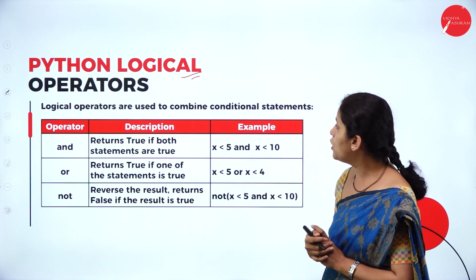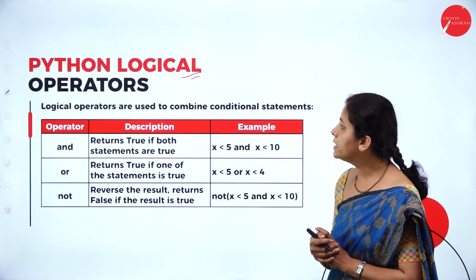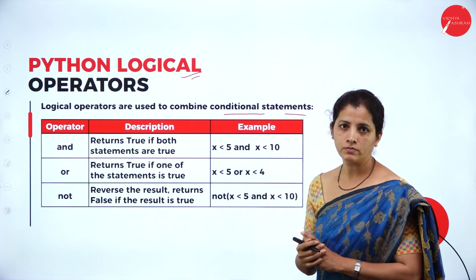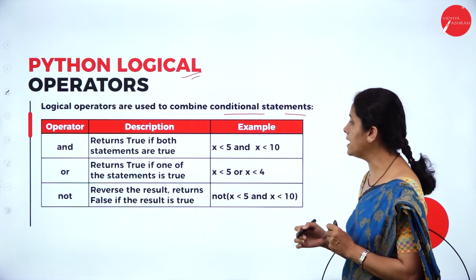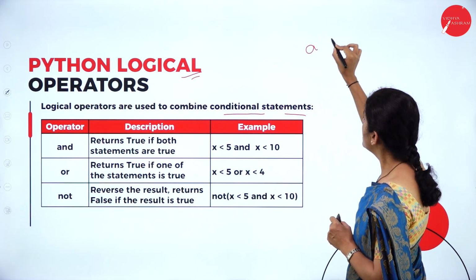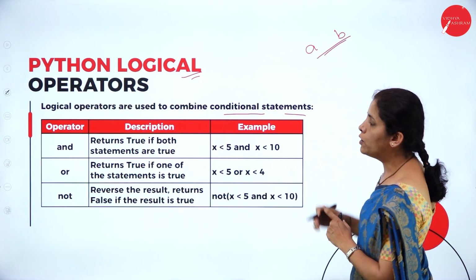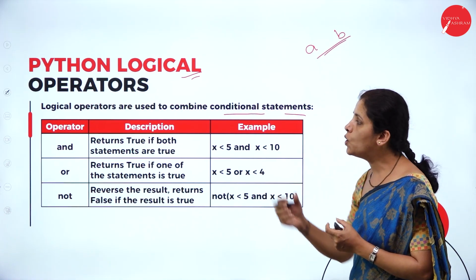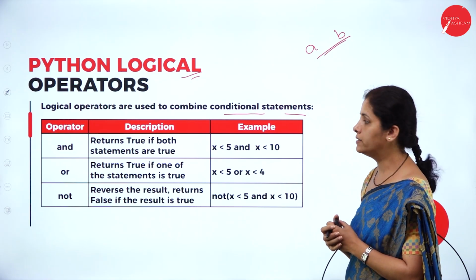So, what is logical operator? Logical operators are used to combine conditional statements. Okay, for example, think that I have A, B. I want to combine conditional operators, then I'll go with the logical operator.